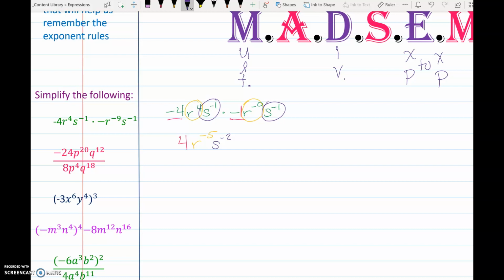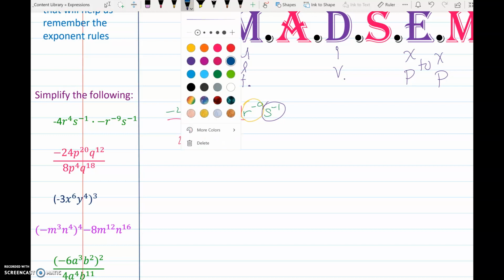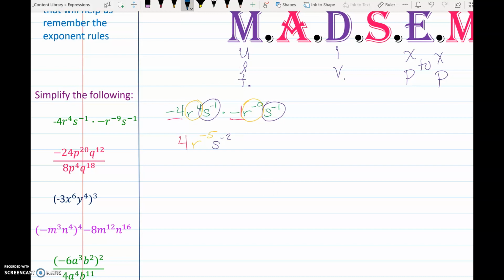Now, do not leave your answer like this. Please, please, please don't lose points. When you see negative exponents, there should be red flashing lights and sirens going off in your head. Don't stop. You got to keep going. We need to get rid of those negative exponents. So how do we get rid of negative exponents? Well, take the reciprocal.